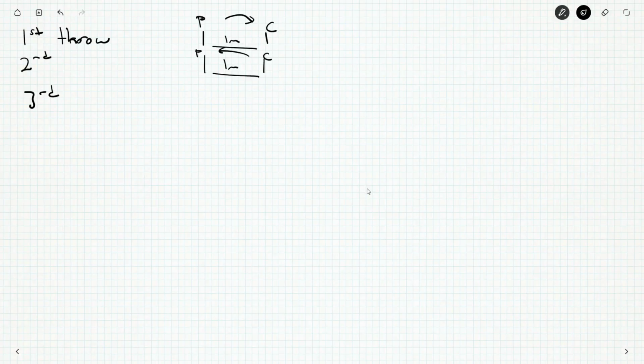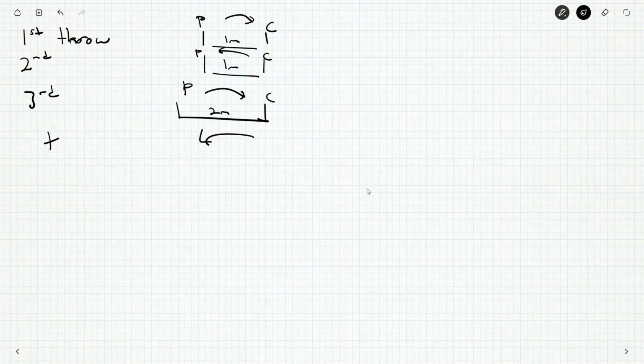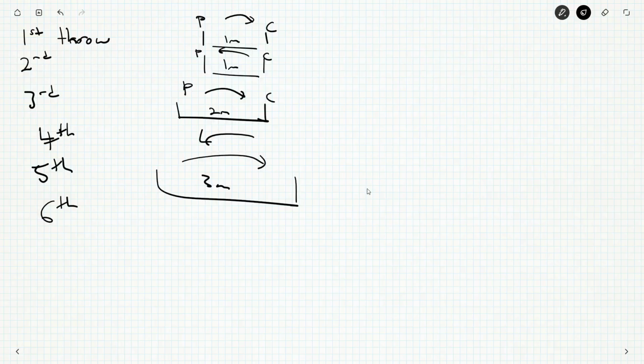For our third throw, however, now they're 2 meters apart. It goes Pat to Chris, and then it goes back for the fourth throw. Then for the fifth throw, we're 3 meters apart. And sixth, we're still 3 meters apart.